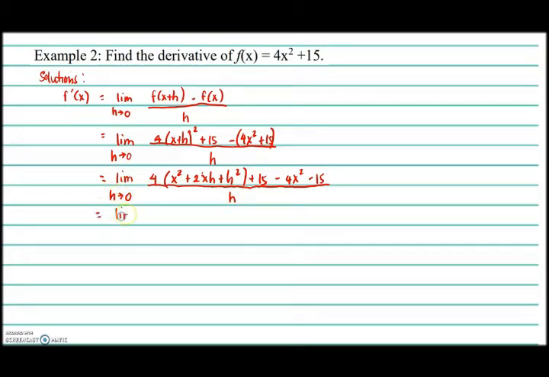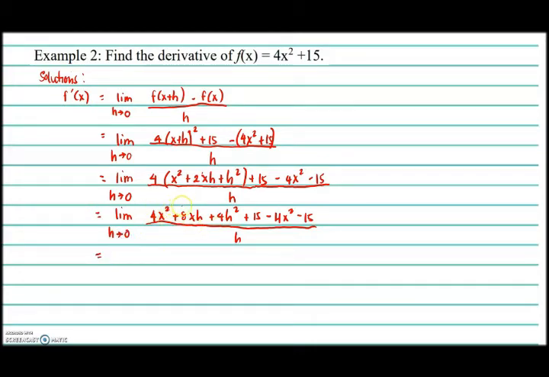Distribute 4, so you have now the limit of 4x squared plus 8xh plus 4h squared plus 15 minus 4x squared minus 15 all over h as h approaches 0.